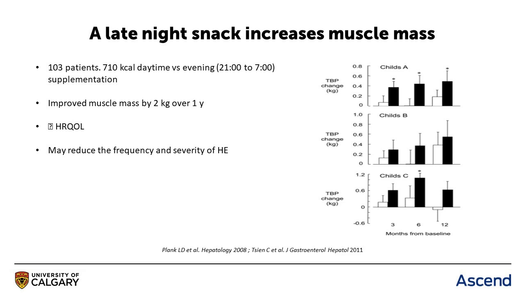The Child-Pugh C patients are a little bit more challenging to increment, but they likely maintained more. All categories increased, but they improved their muscle mass by 2 kilos over 1 year just by shifting some of those calories to the nighttime, right? So adding extra calories at nighttime versus in the daytime. And we know that this late night snack, like I mentioned, also reduces hepatic encephalopathy severity.